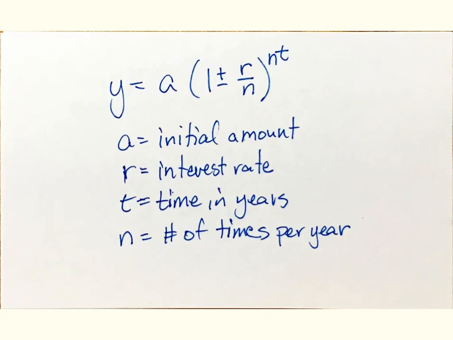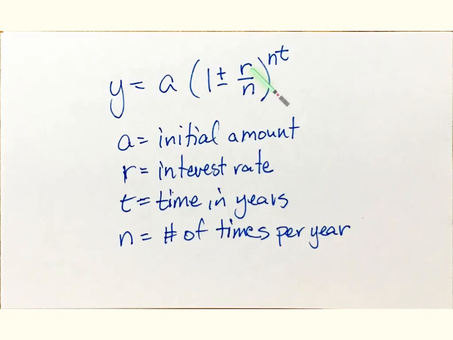Now, banks don't always compound annually. Sometimes they compound more often than that. And when they compound more often than that, we have to modify our equation. We still have the y equals the a, and we still have 1 plus or minus.